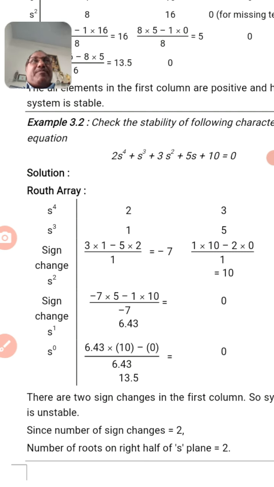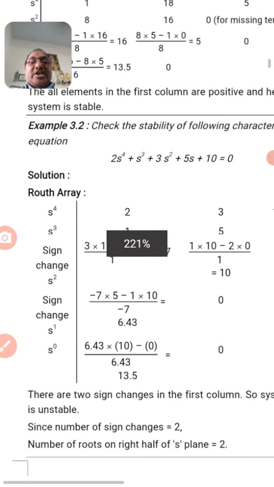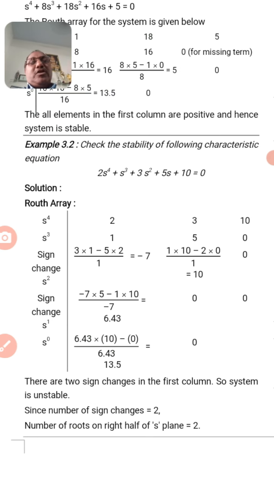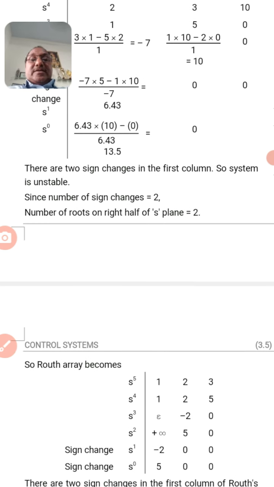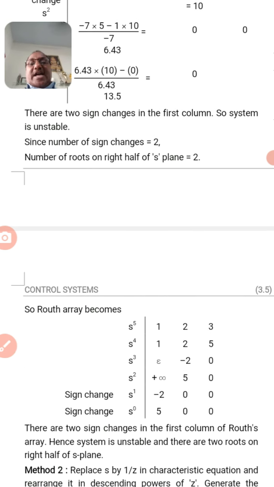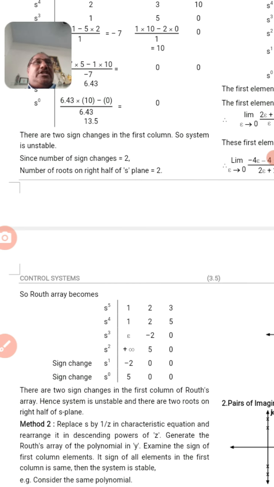If in the first column there are no sign changes, we can say that the poles on the left hand side of the S-plane are all the poles. So the Routh-Hurwitz criteria is the easiest way to find out the roots of the system and whether those poles lie on the left hand side of the S-plane.